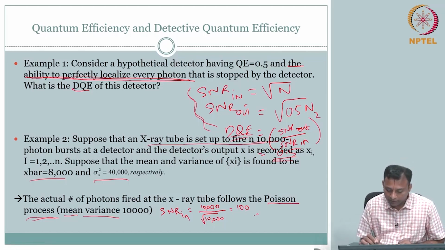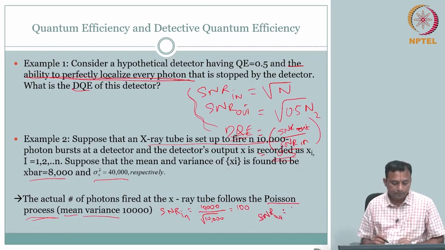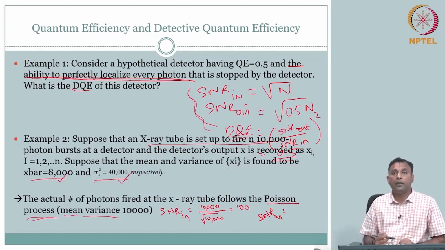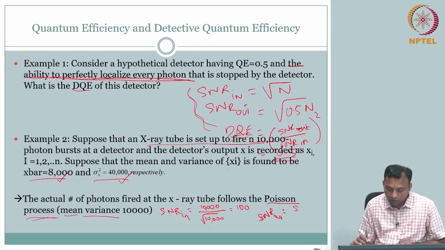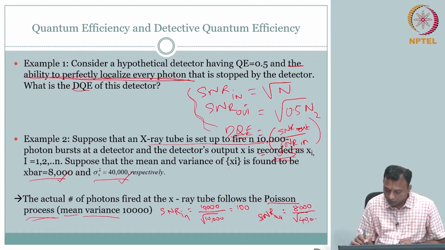What is going to be my SNR output? You are given the mean and variance, so you can write your output to be 8,000 divided by the square root of 40,000.